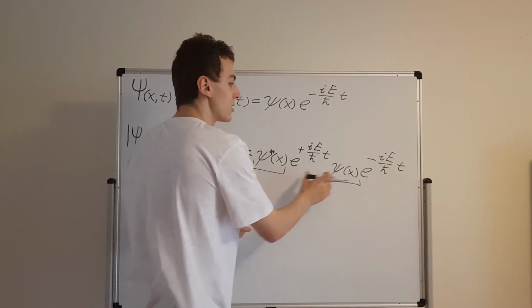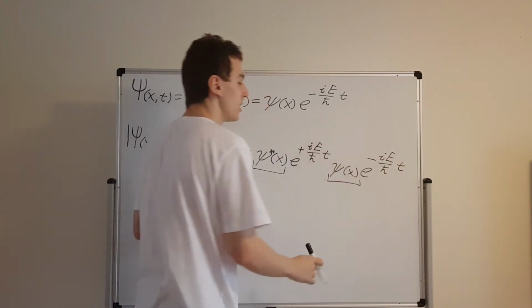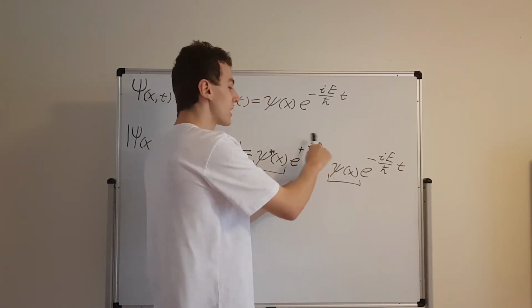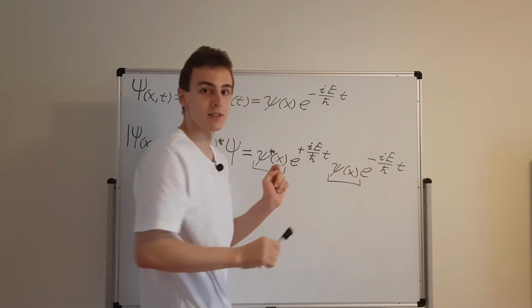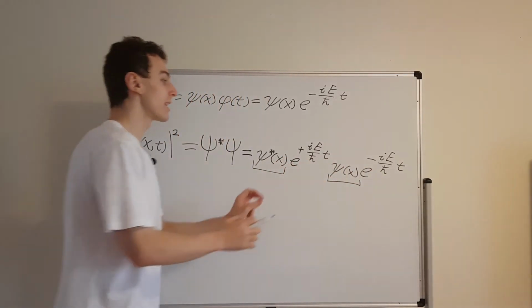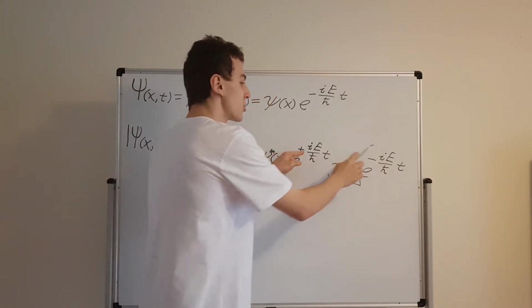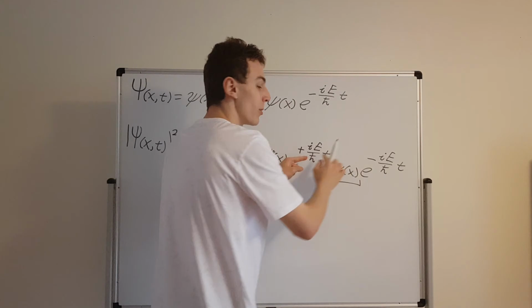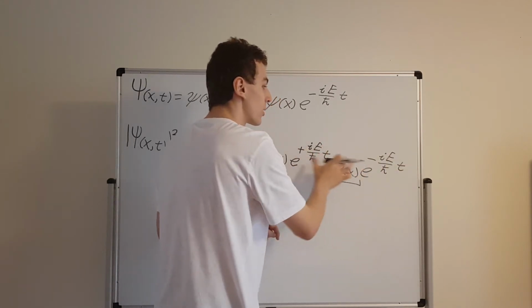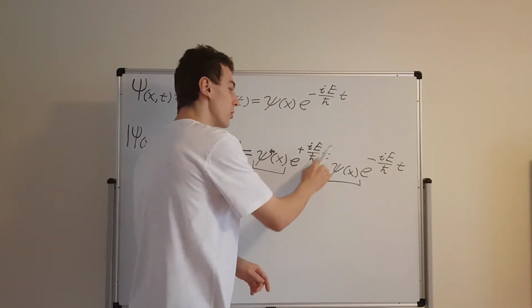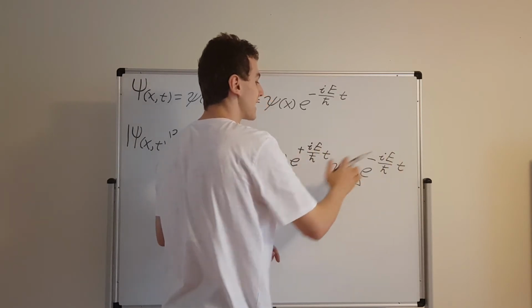And this exponential and this exponential, we can group them together. You can see that they have the same exponent, there's just a sign difference. Using exponential laws, we can combine these two guys. When you multiply two exponentials, you can add their exponents. If we add these together, we're going to get 0, right? Because this is the positive and this is the negative.